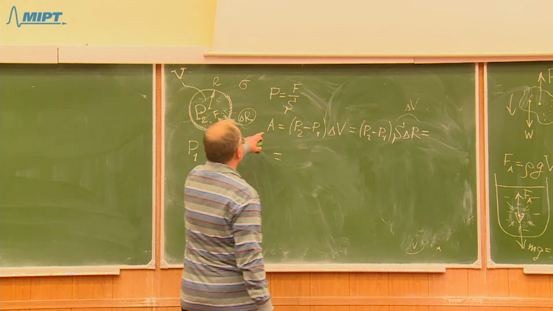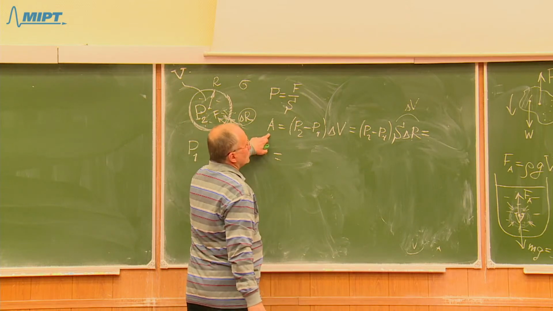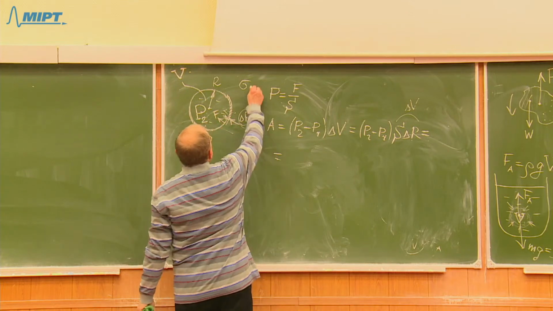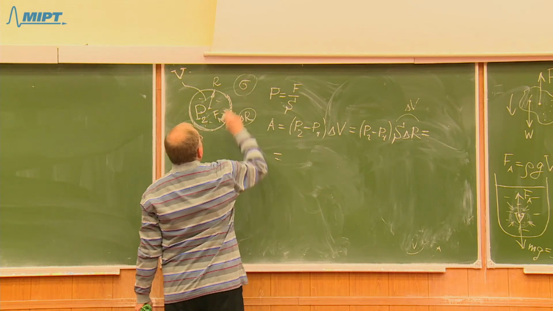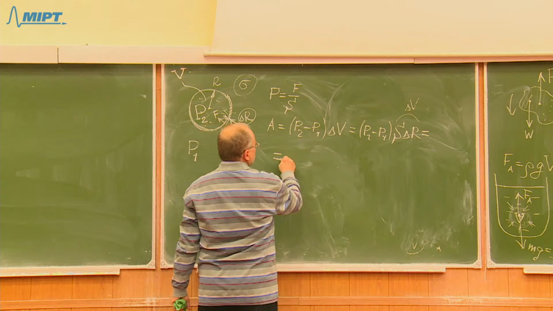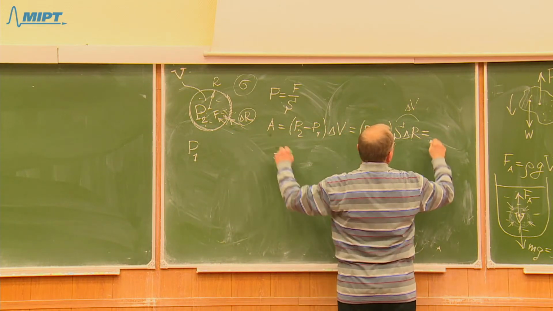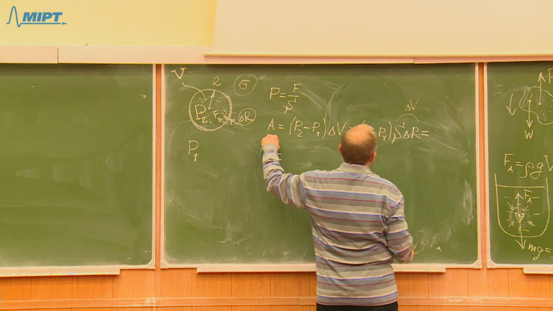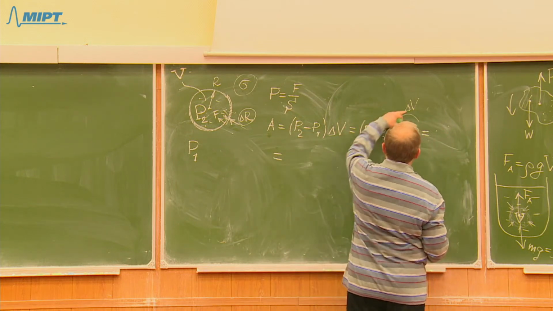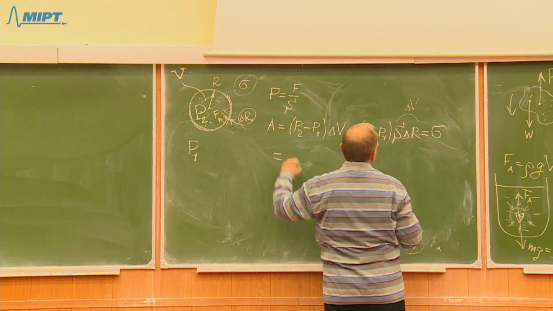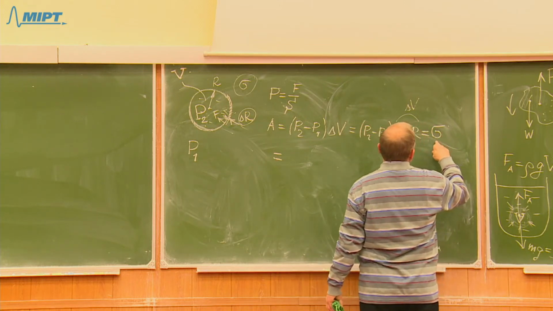And that work will actually go to increase the surface energy, and the surface energy is characterized by surface tension. The work is performed in order to change the volume and surface area, and so this work will go into changing the surface energy.